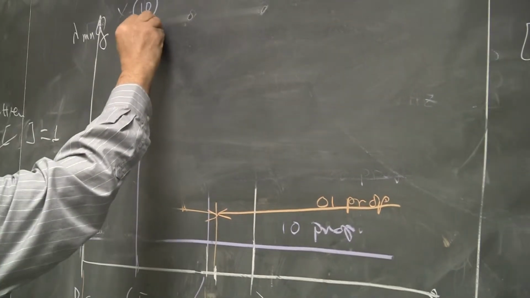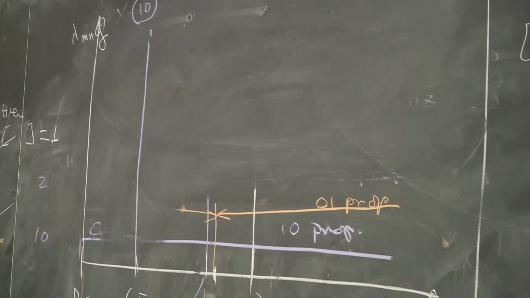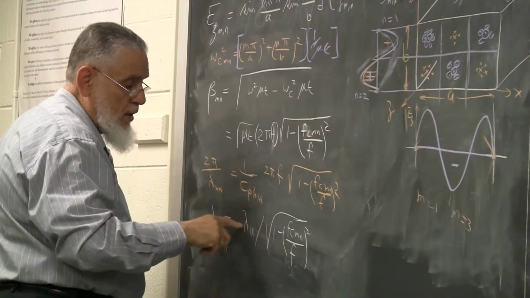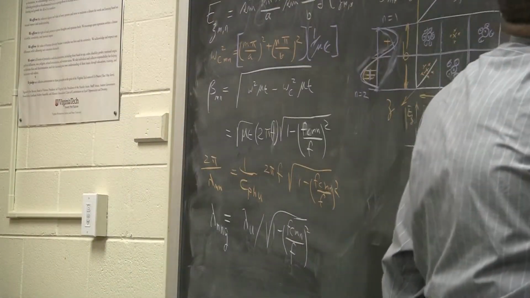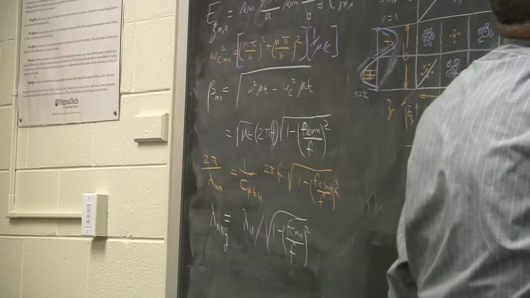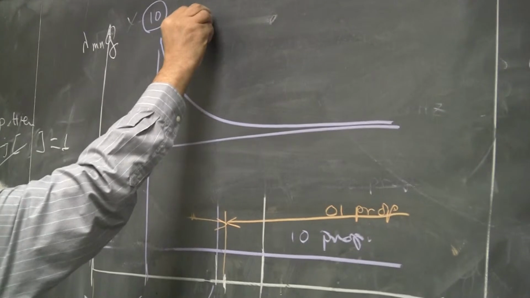I have lambda here equal to infinity, and when f goes so high, this becomes small and approaches 1 and becomes lambda u. So that's your lambda u. I have that kind of situation. That's lambda 1-0 guided.